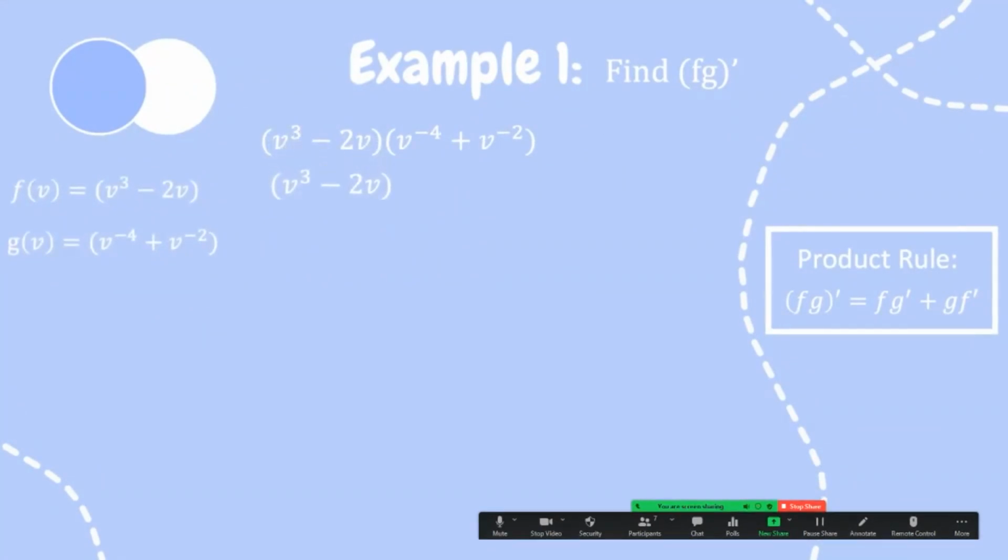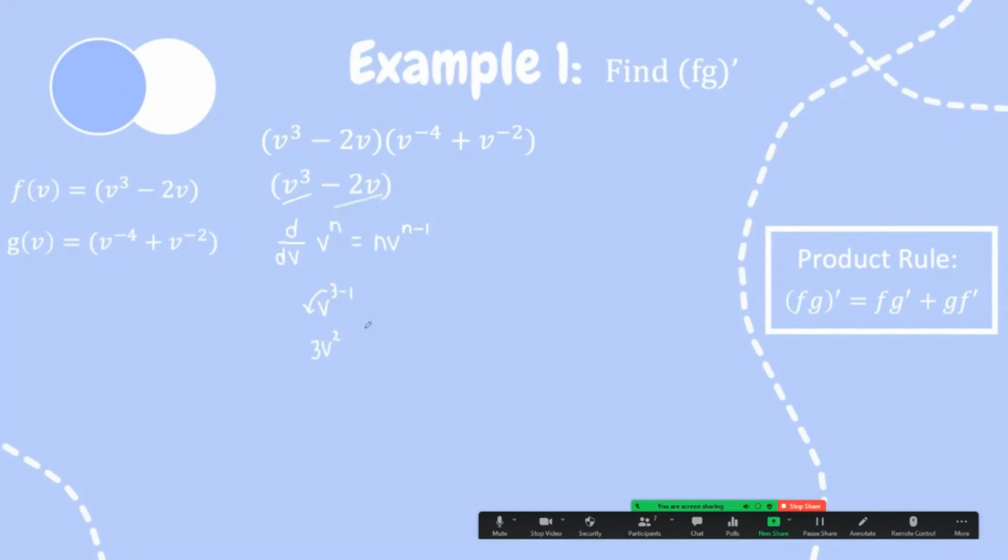So the derivative of f, we learned this on Wednesday, of v to the power of n equals n times v to the power of n minus 1. So we have v to the third, so you're going to pull that down here, then subtract the exponent by 1, which becomes 3v squared.